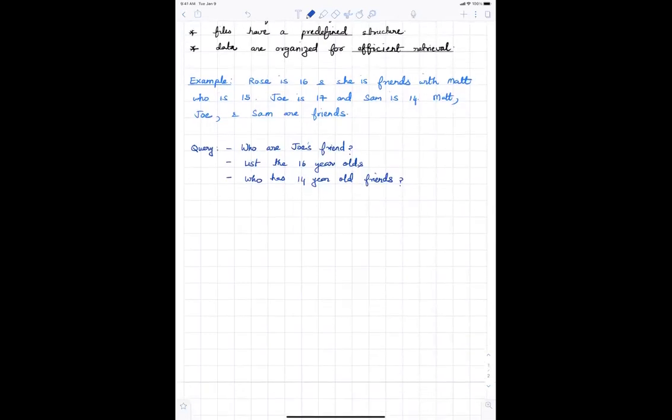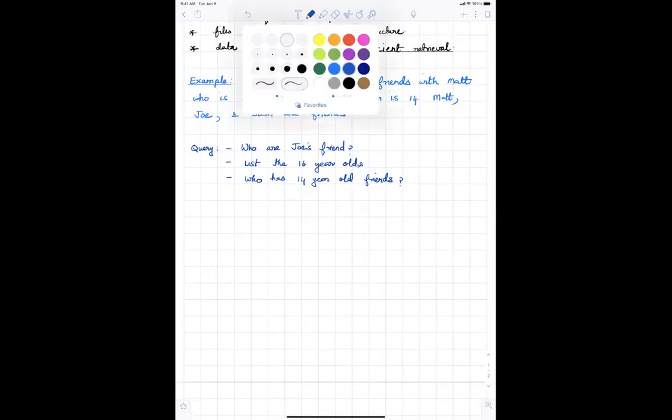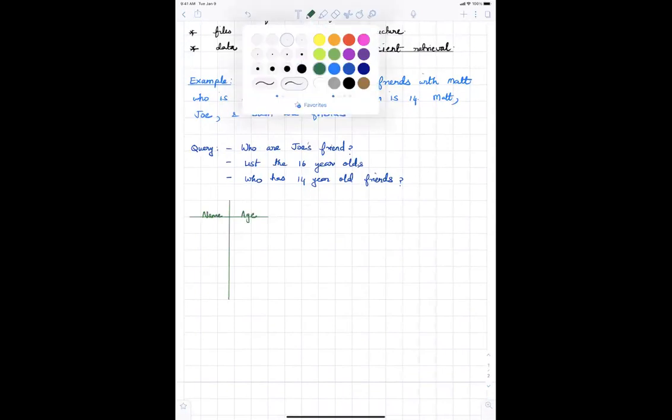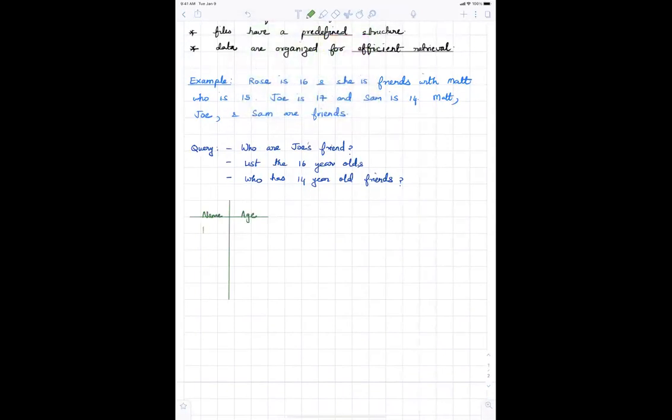So a way of doing this would be to put them in files. So in this case, let's say I have 2 files, and in file number 1, I have name, and I keep age. And I write down, I have Rose, who is 16.